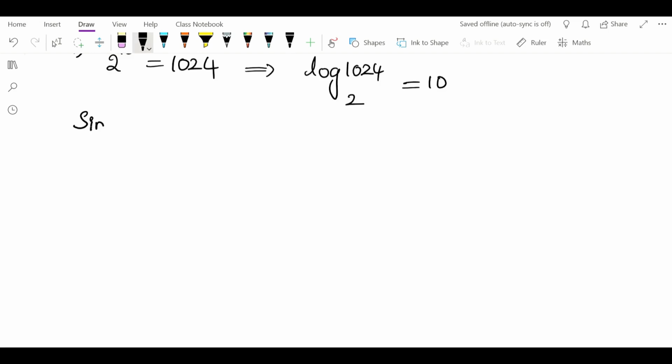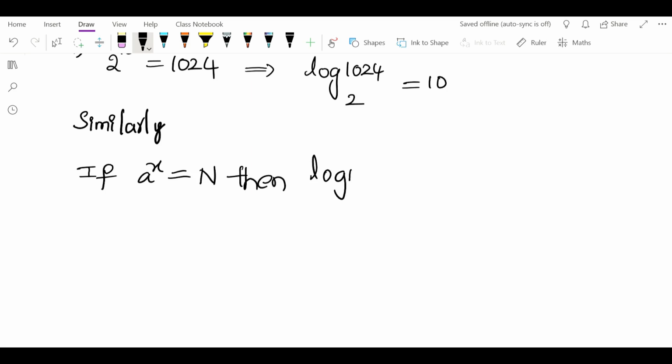Similarly, if a to the power of x is equal to n, then log n base a is equal to x.